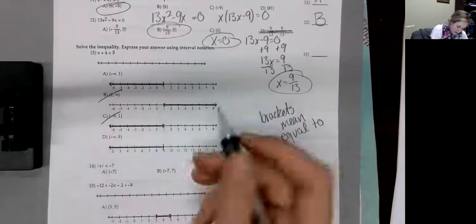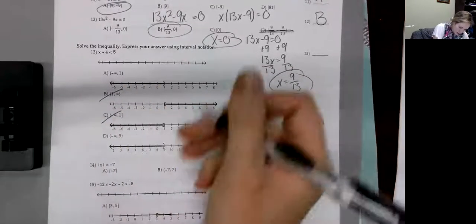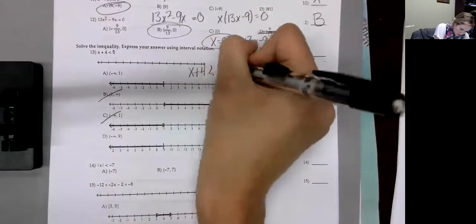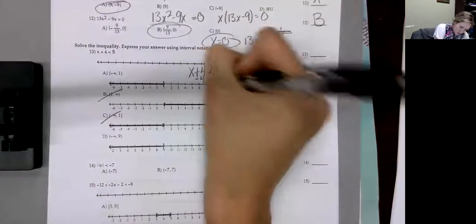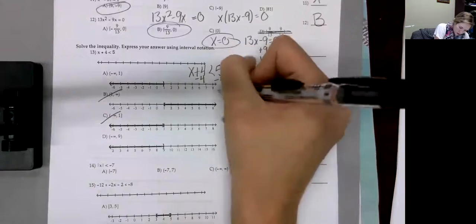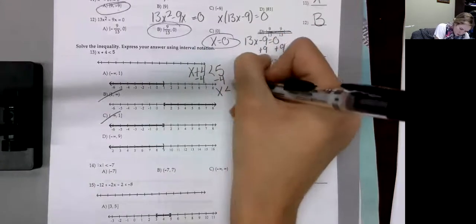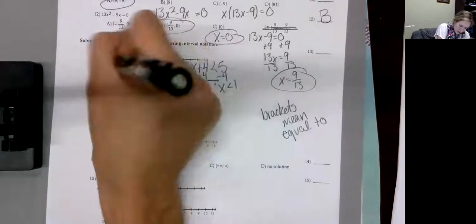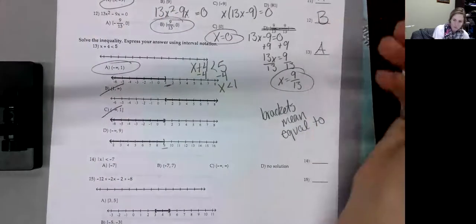And then it's a less than sign, so we're torn between these two. So we have x plus 4 is less than 5. When we solve this, we'd subtract 4. So we'd have x is less than 1. This one's 9. This one's 1. A is our answer.